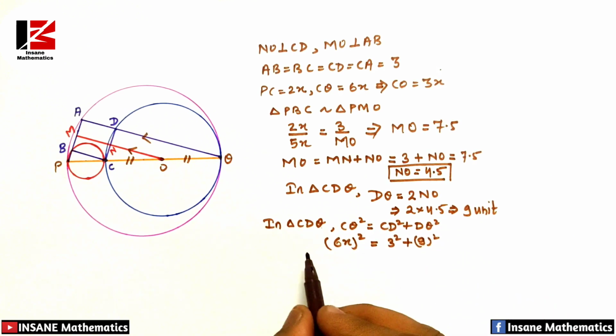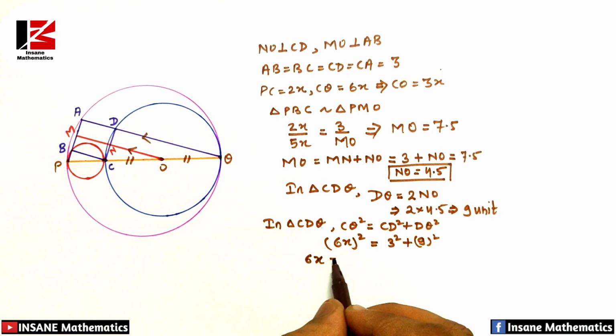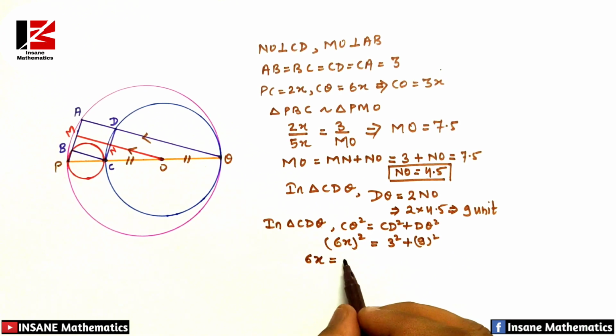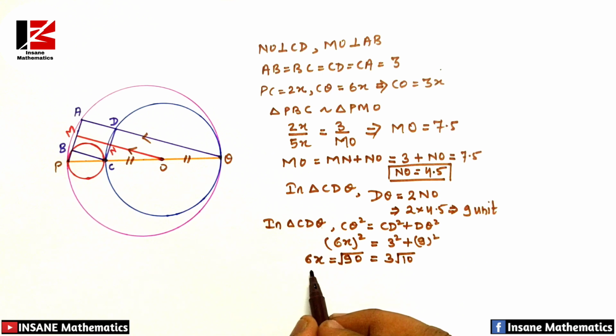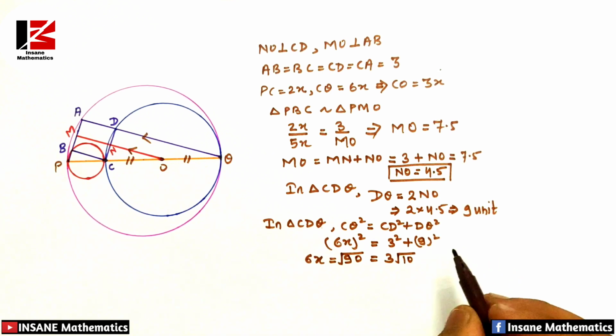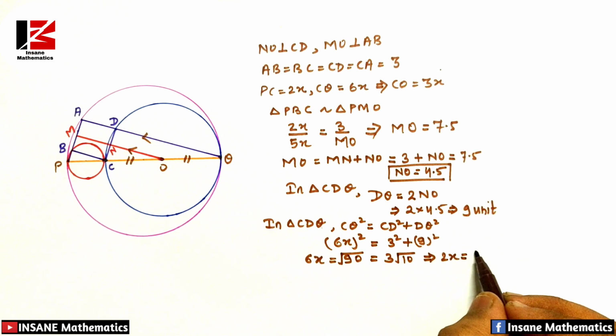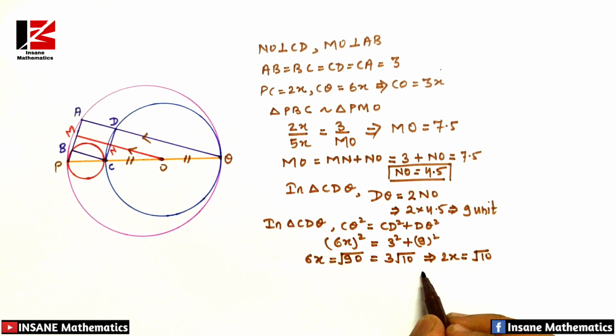Therefore 6x is equal to root 90, that is equal to 3 root 10. So divide this equation by 3, we will get 2x is equal to root 10. Multiply this equation by 2, we get 4x is equal to 2 root 10 unit.